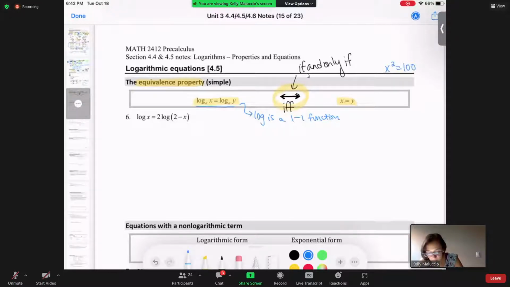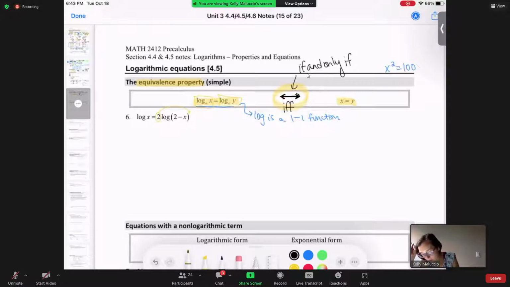So looking at this first problem, they're taking it easy on us here. We have log X equals 2 log of 2 minus X. First things first, I want to get this 2 in my exponent, and then I can set things equal and solve, right? Because I want it to look like log of something equals log of something else.